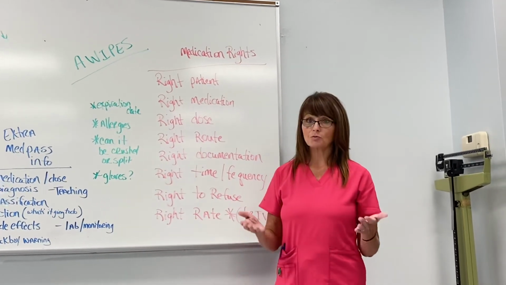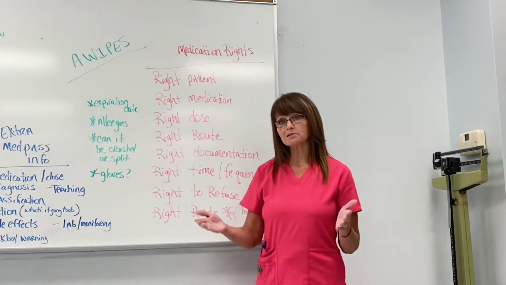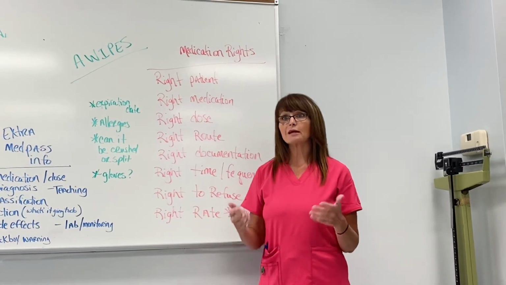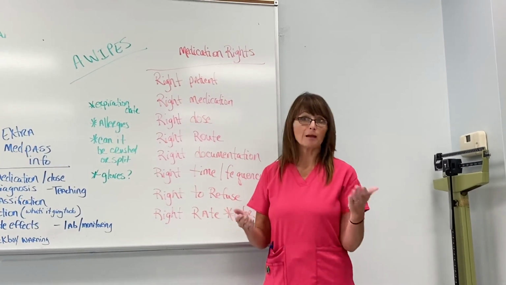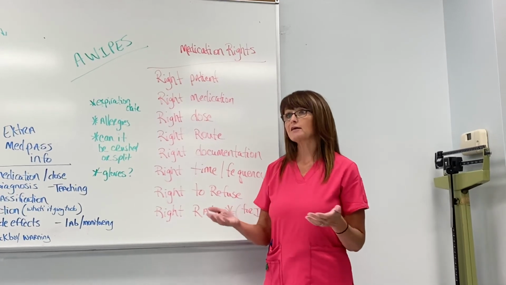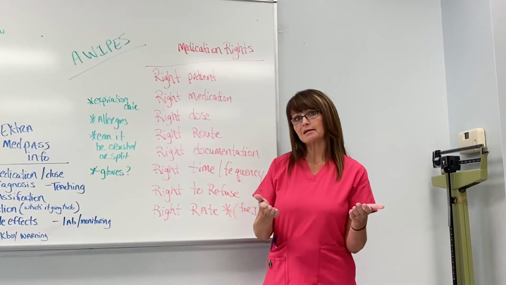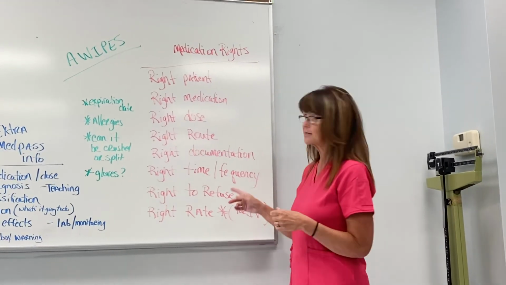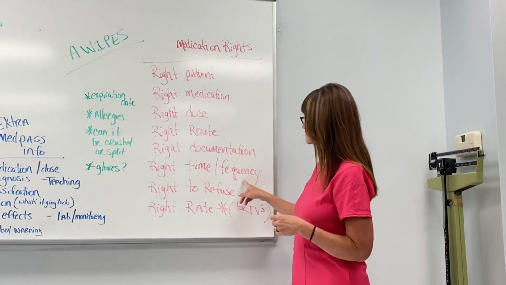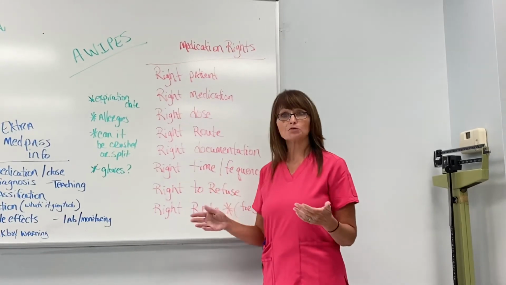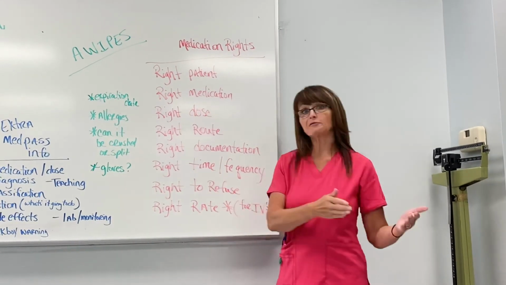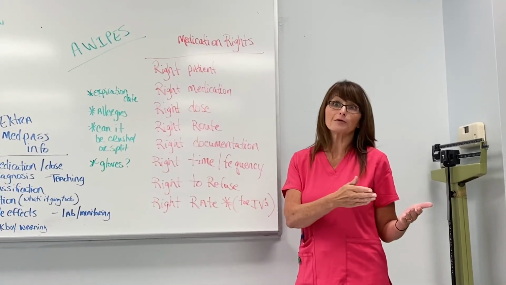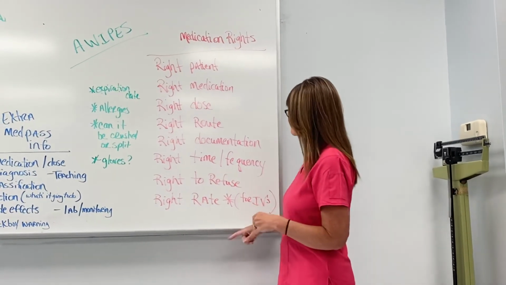If something's ordered twice a day, then it has to be spaced accordingly, usually 12 hours apart, so 8 and 8. You cannot give both doses at 8 in the morning and 10 in the morning. So you need to be sure that you're giving it at the right frequency that is ordered. If the doctor has ordered pain medication every 12 hours, then you cannot give the second dose 4 hours apart. You have to be 12 hours apart.